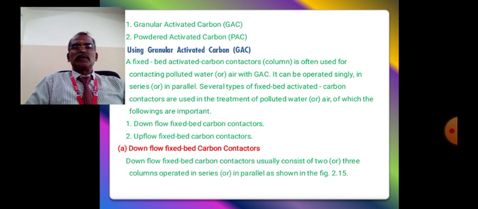Let me see the first technique, the downflow fixed bed carbon contactor. It generally consists of two or three columns arranged in series or parallel. Let us see the diagram.